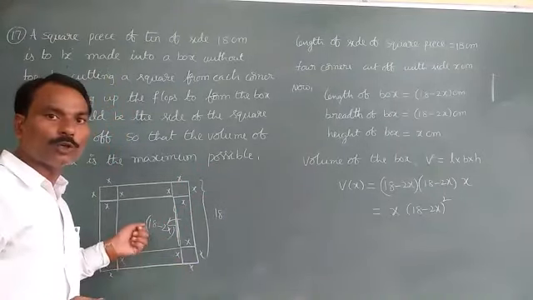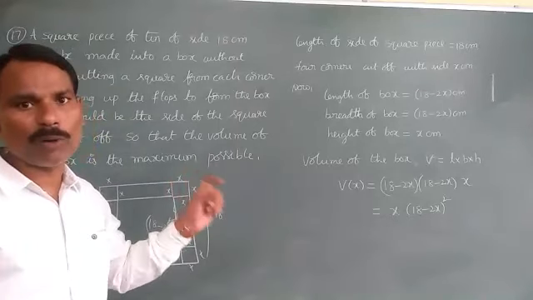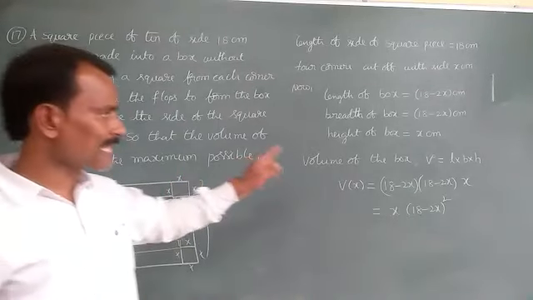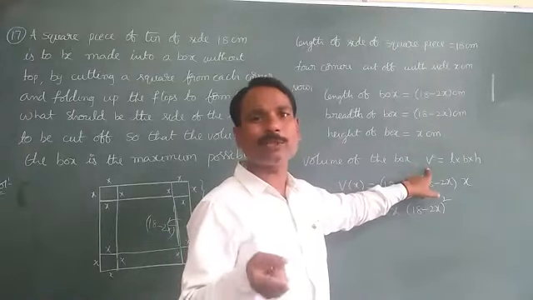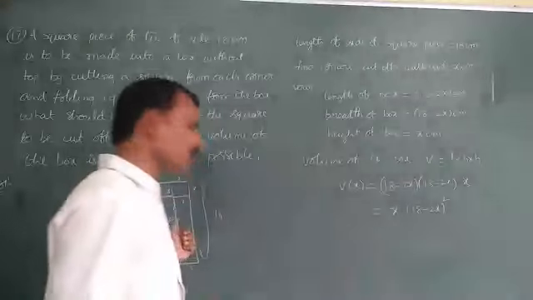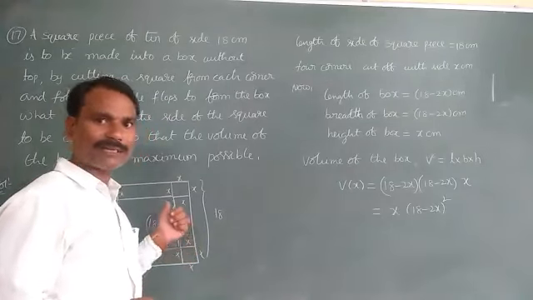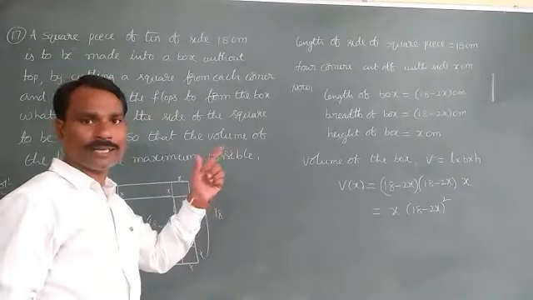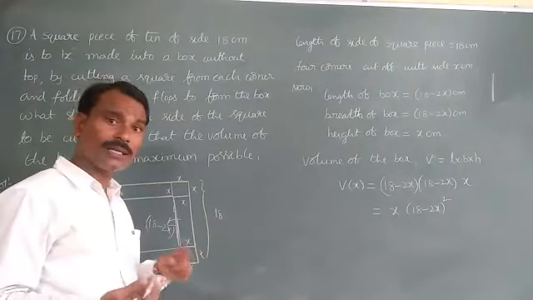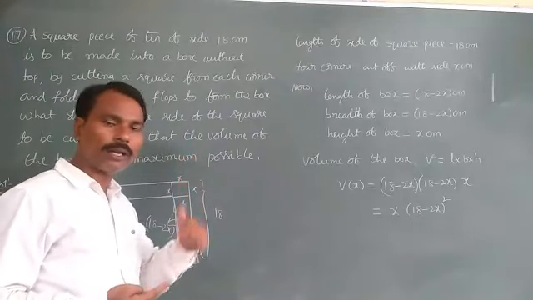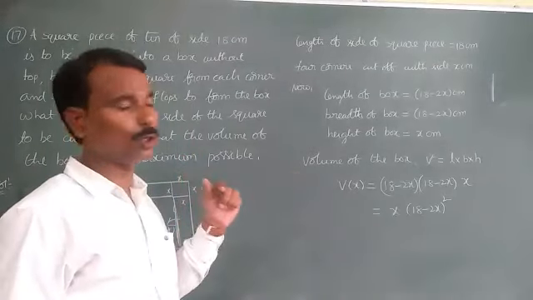The question is asking the volume of the box. Volume of a cuboid means length into breadth into height. Now it looks like a cuboid because length and breadth are the same, but height is different, that is x. A cube means length, breadth and height are all equal.